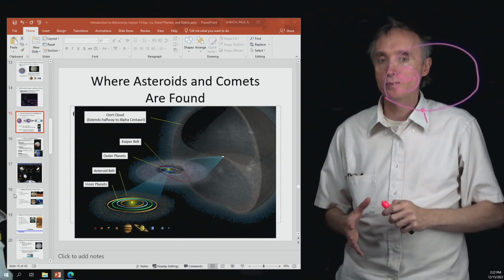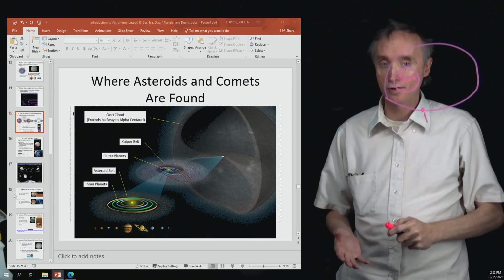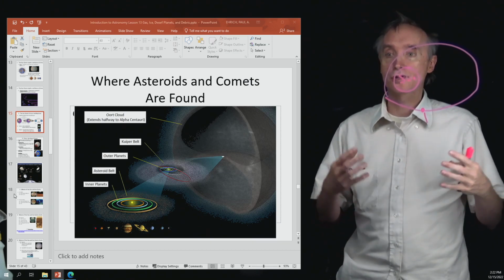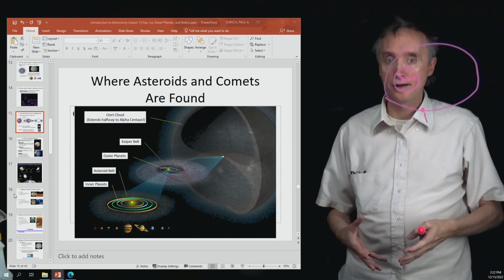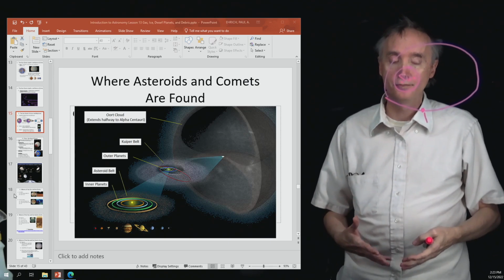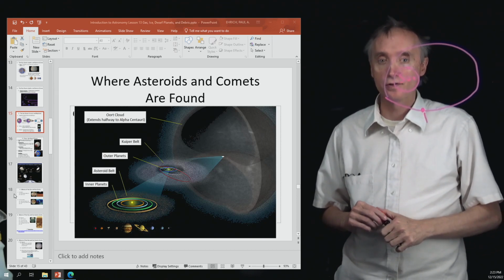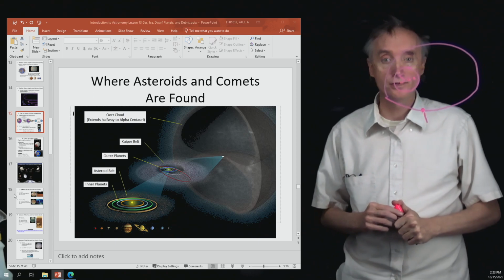It's also possible that those are original materials from the formation of the solar system that never turned into a planet because of the tug of war between Jupiter's gravity and the sun's gravity. So that's where you find a lot of asteroids.